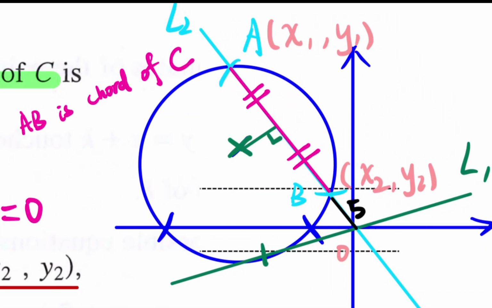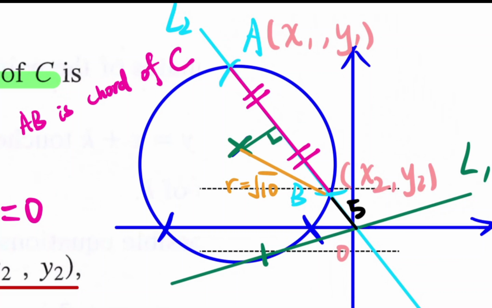So you mark down this one. And also you have another line, the center to B. This one is actually the radius. So you know that this one is square root 10, which is the radius. Your job is to find out the green line.